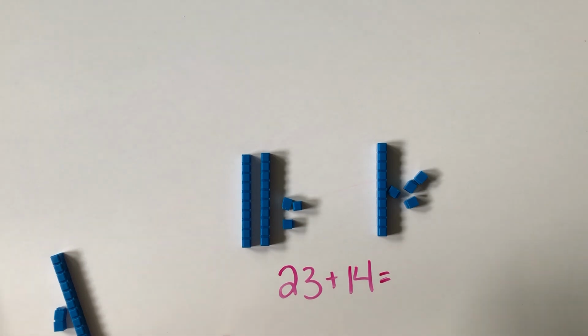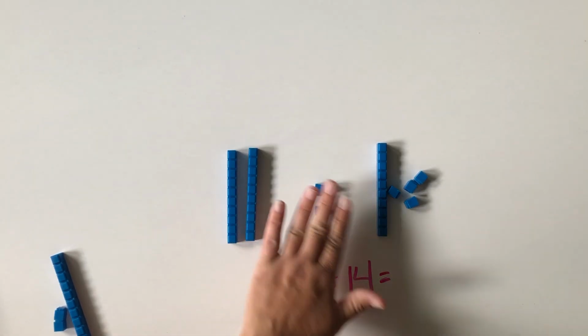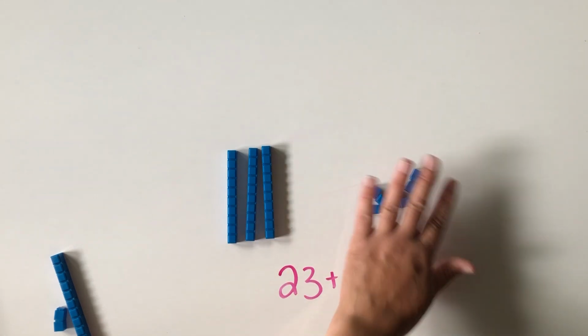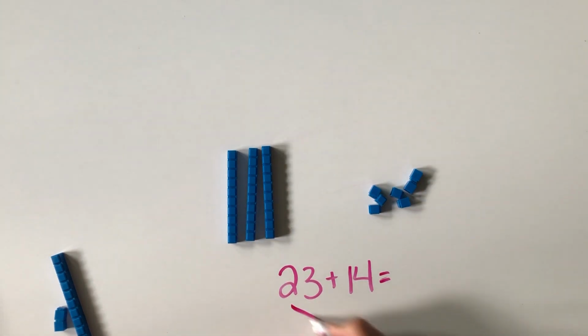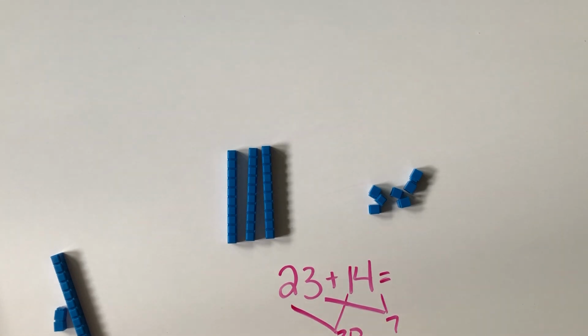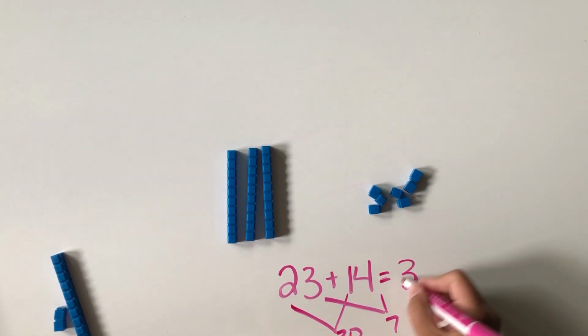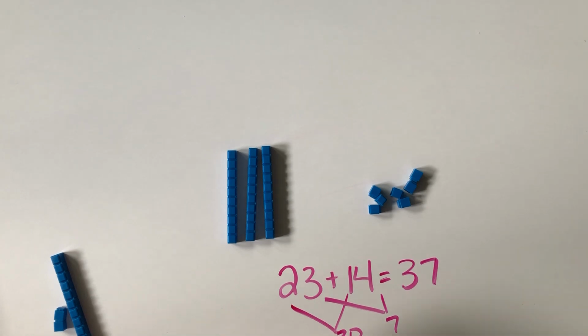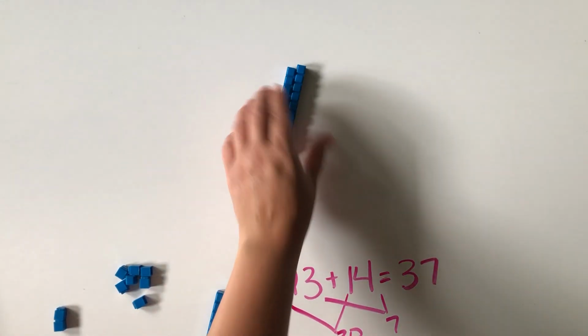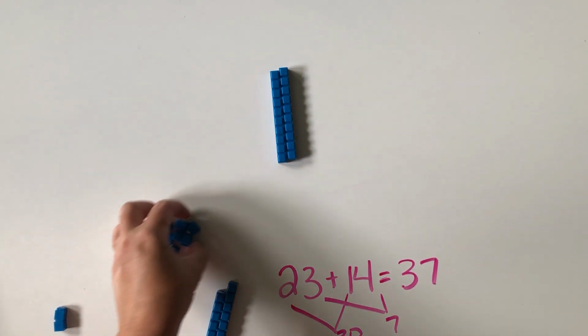So here, it makes it very visual to see that we join the 10s to make 30, and then we join the 1s to make 7. And then that gets us to 37. Okay, and the same happens when we regroup. We can still use base 10s when we regroup.